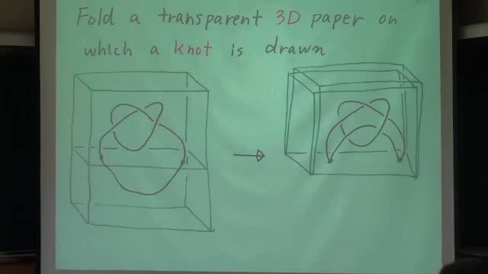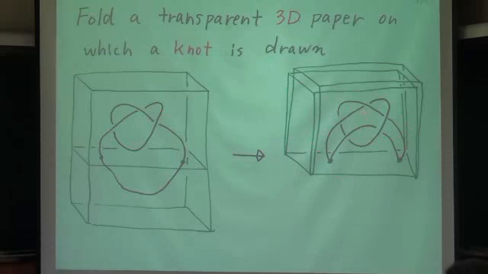Since we are living in 4 space, this lower part goes to upper part. So reflection by, suppose this is XY plane. So then this part goes to something like this. So we have this image of this knot.